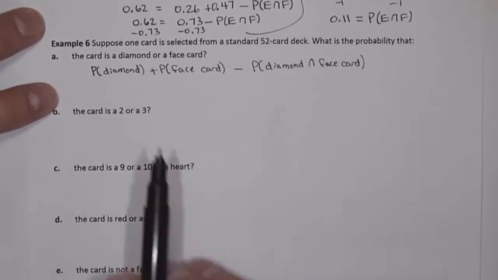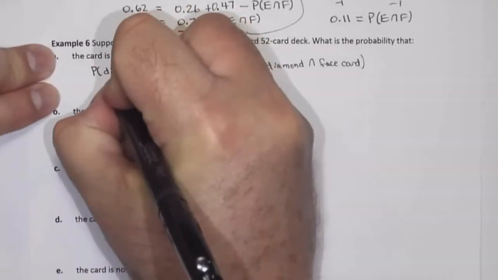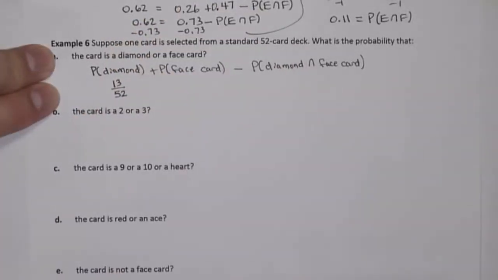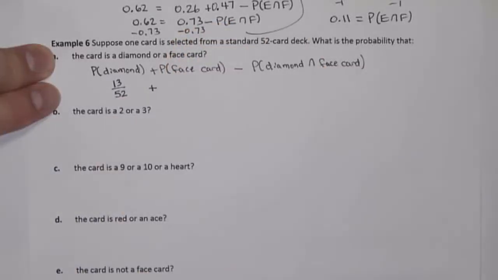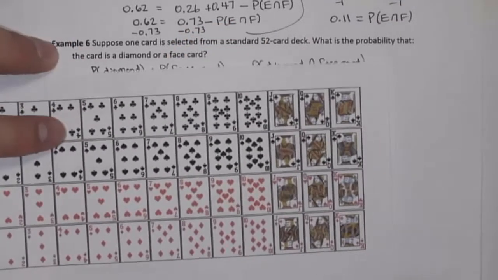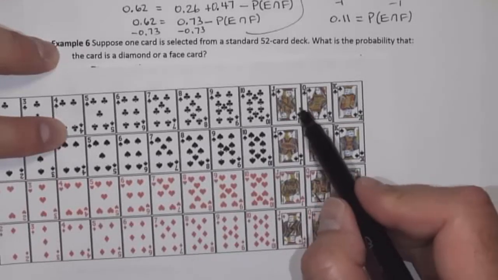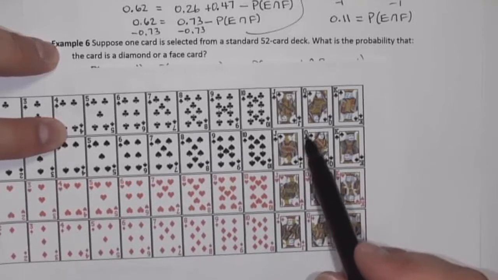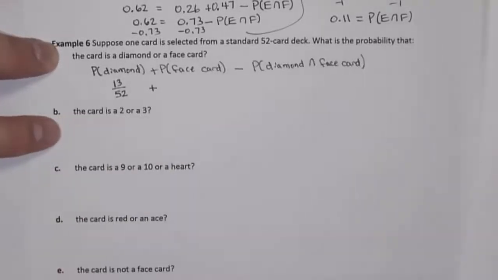So we're looking for the probability of diamond. Well, there are 13 out of 52 diamonds, so that would be 13 out of 52, plus the probability of a face card. Well, the face cards are the jacks, queens, and kings. So we have 3 face cards in each suit, 4 suits, so there's a total of 12 face cards.